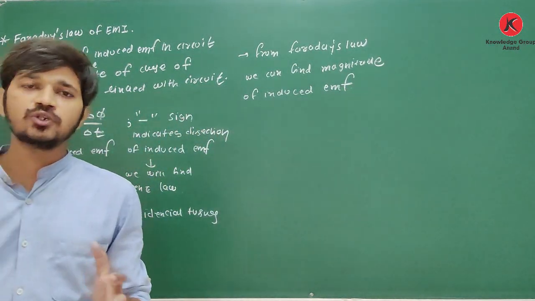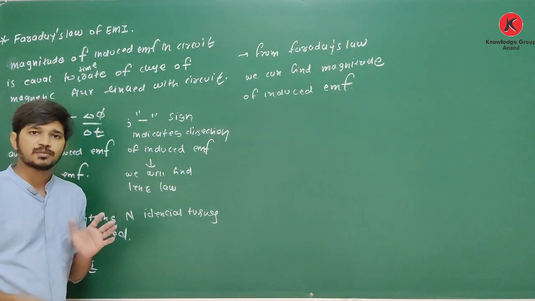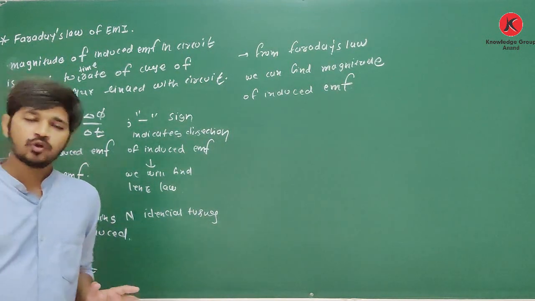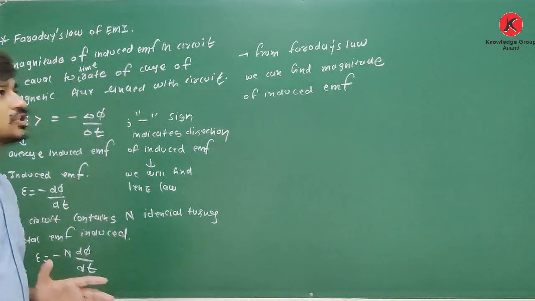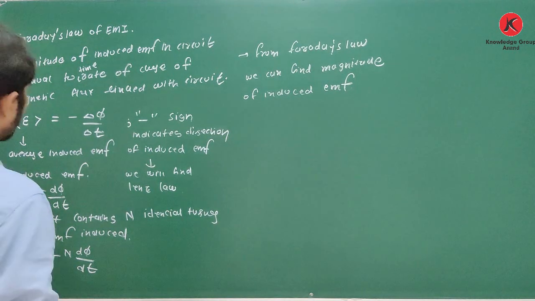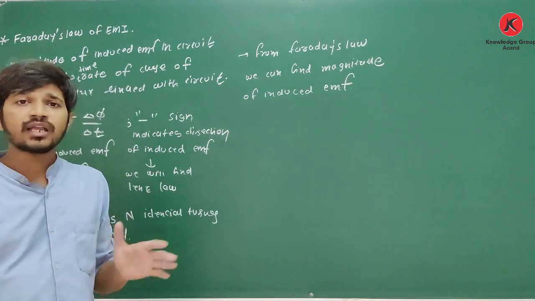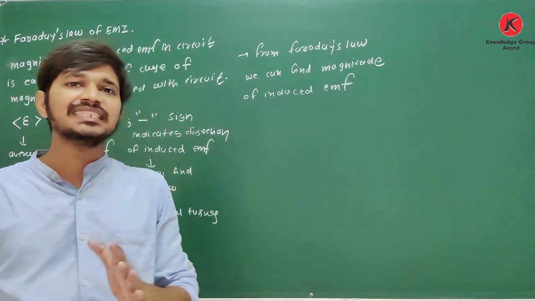We can find the magnitude of induced EMF. Clear about this? Now, in the next lecture, we will see how to find the direction of induced EMF. Faraday's law of electromagnetic induction gives only the magnitude of induced EMF. But how to find the direction, that we will see in the next lecture.